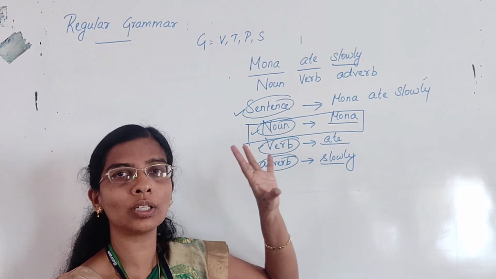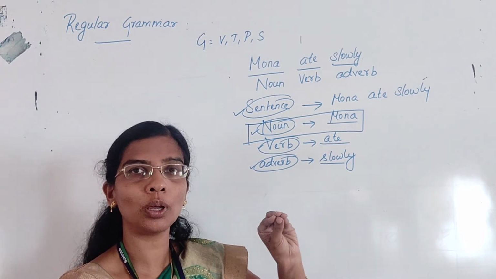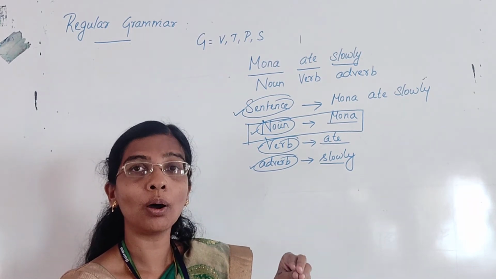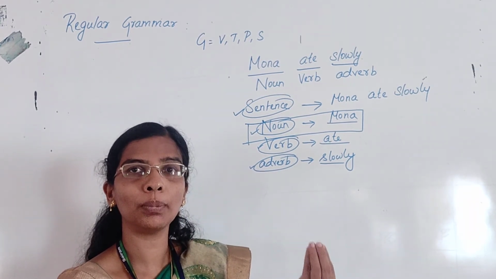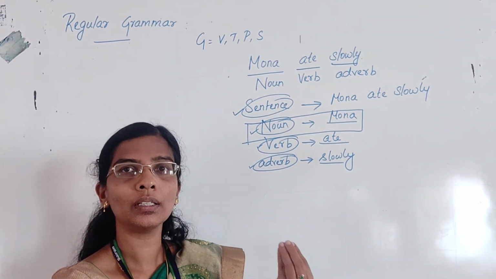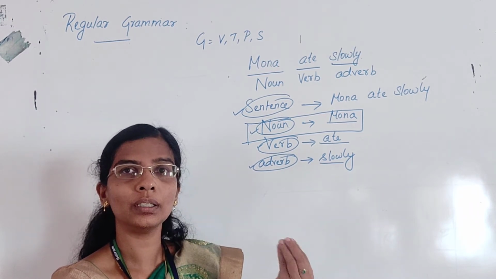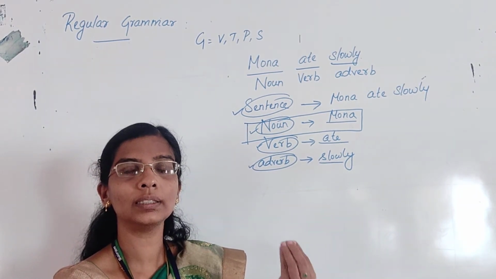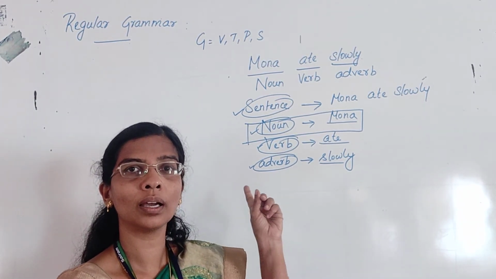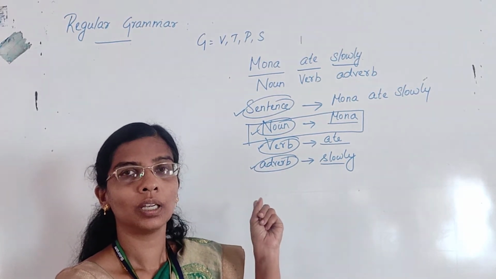Usually variables or non-terminals will be capital letters, and terminals will be small lowercase letters plus digits and all my operators, plus, minus, everything, belongs to my terminals. I tell once again, non-terminals or variables are your uppercase letters, terminals are your lowercase letters plus digits and symbols. And the LHS of your first production is the start symbol.